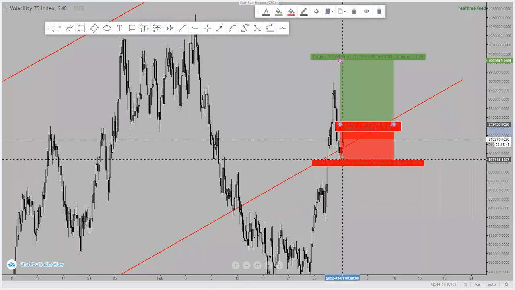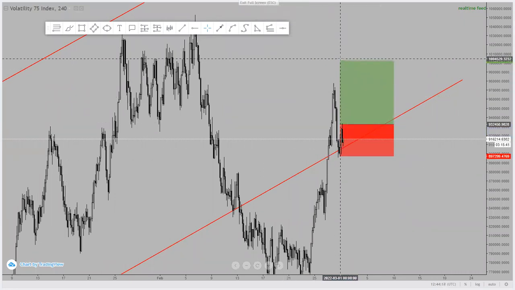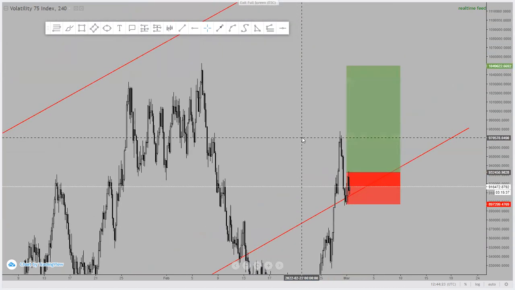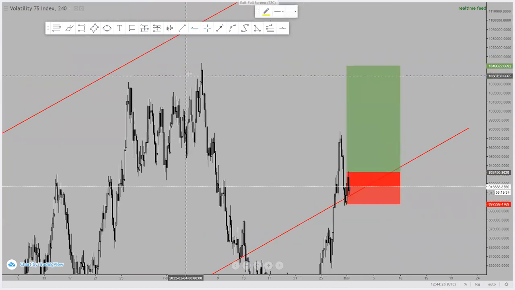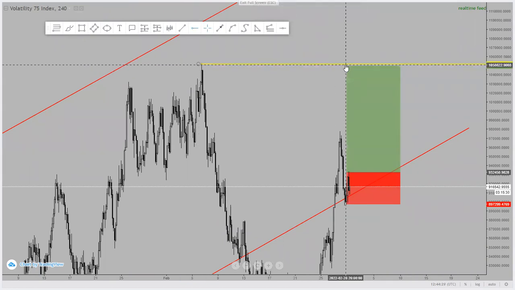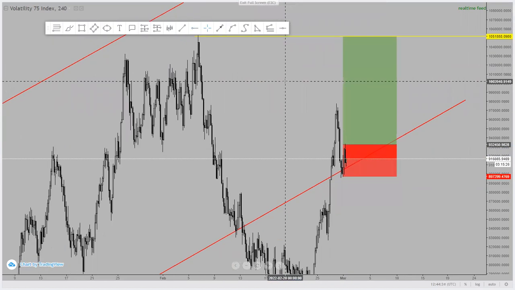Obviously your stop loss will be just below the recent candle there, and we are holding all the way to the top. So that is for someone who enters based on the 4-hour time frame.